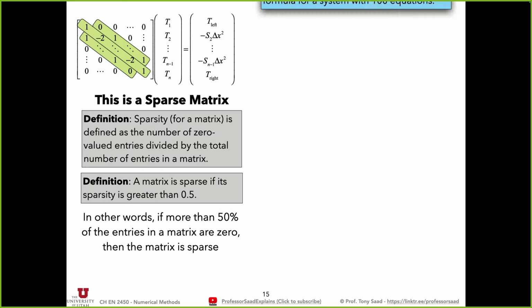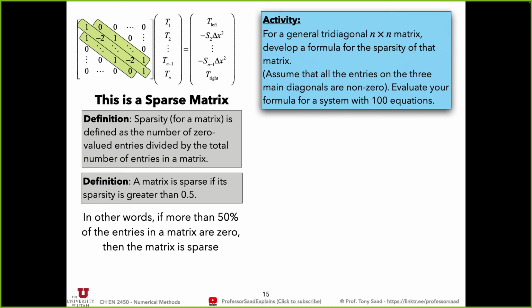All right, so now grab your pen and paper or your laptop, and I want you to do this exercise with me. For a general tridiagonal n by n matrix, so you have n equations, n unknowns, and only 3 non-zero diagonals, the main diagonal, first upper, first lower, develop a formula for the sparsity of that matrix.